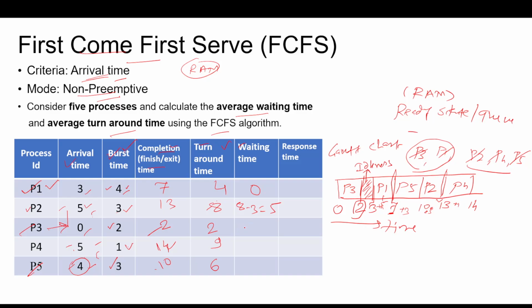Then next one, turnaround timing is 2 minus burst timing is also 2, that is 0. Then turnaround timing is 9 minus burst timing is 1, so that is 8. And for the last process, turnaround timing is 6 minus burst timing is 3, that is 3.